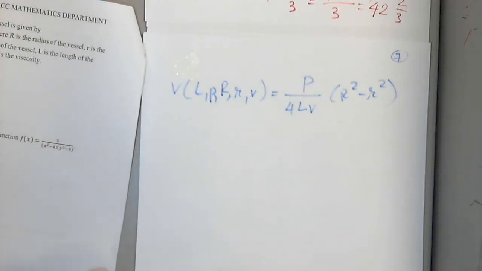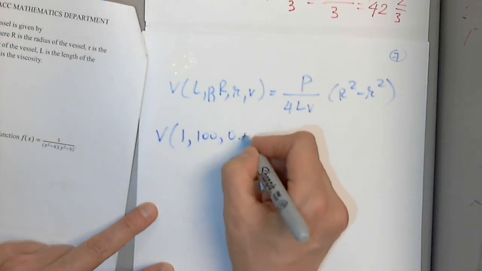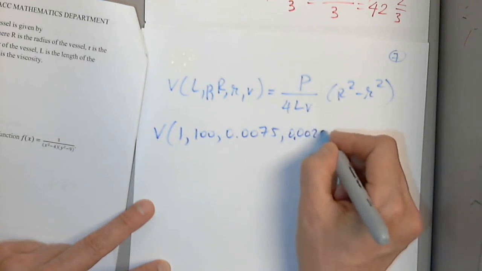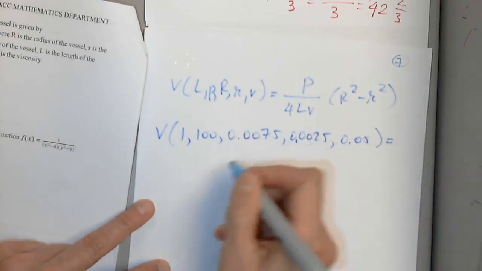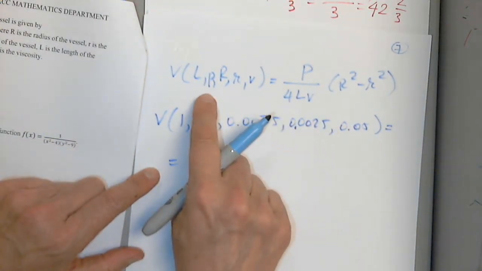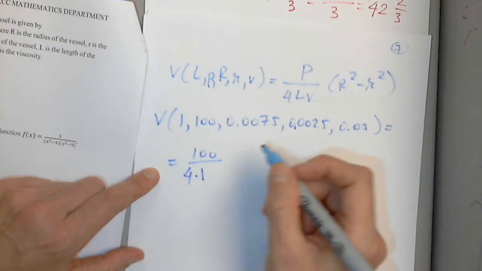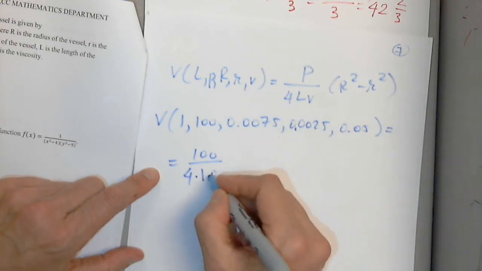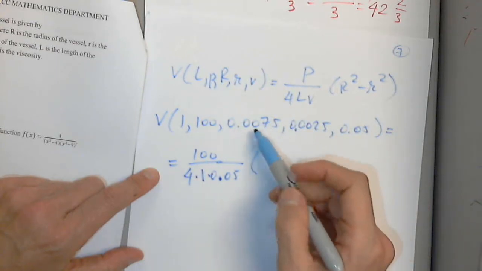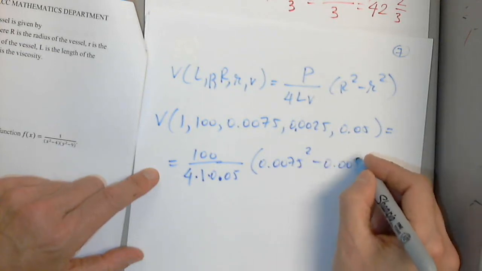So V of 1, 100, 0.0075, comma, 0.0025, comma, 0.05. P is the second one, so that's 100. 4. L is the first one, 1. V is the last one, 0.05. Now, R is the third one, 0.0075 squared minus 0.0025 squared.